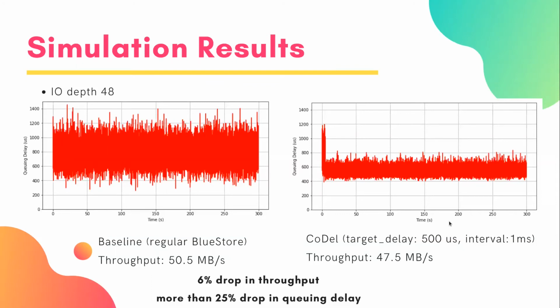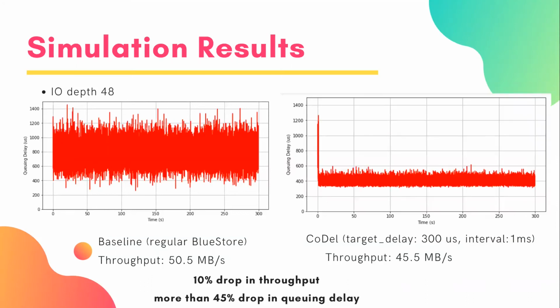To show how these parameters affect the result, I have another result, this time for a target delay of 300 microseconds instead of 500 microseconds. The drop in throughput increased, but we achieved an even bigger drop in queuing delay, which was really interesting.